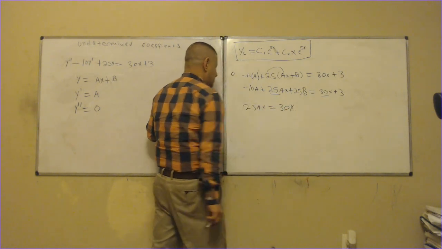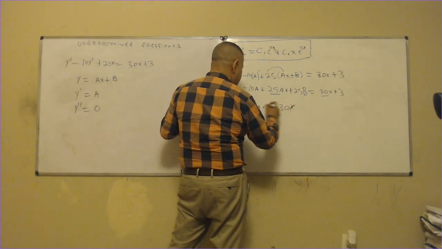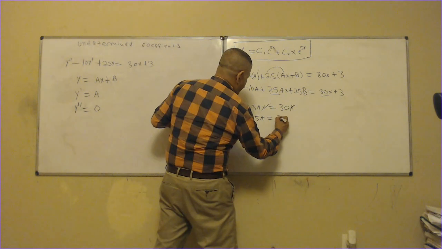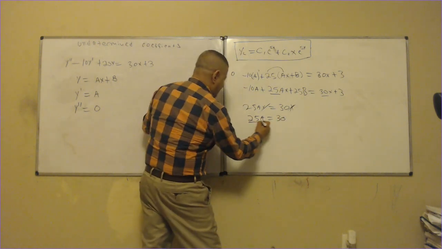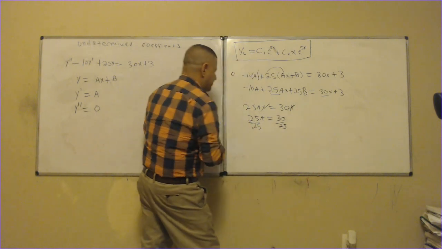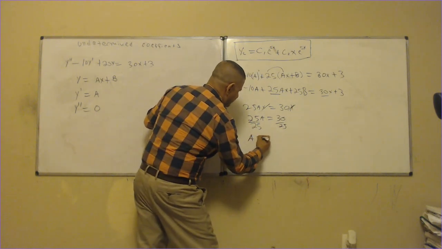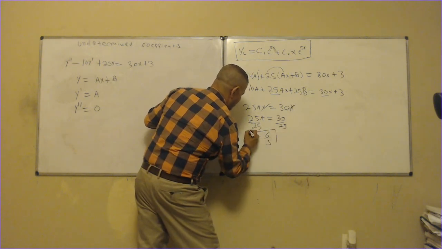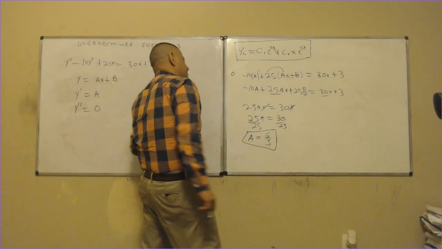Divide by x on both sides, I get 25a is equal to 30, right? Divided by 25, and a is 6 over 5. That is the value of a, right?